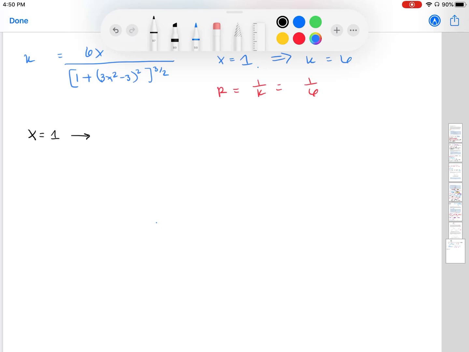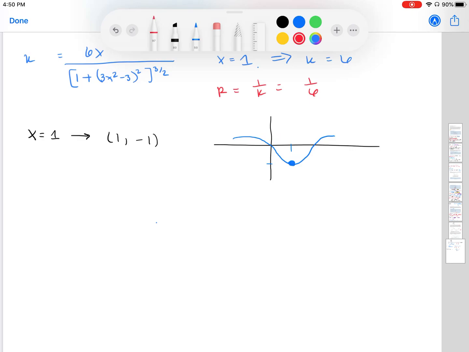If I plug in 1, I'll get the coordinate point 1 comma negative 1. So I have this point here, and this polynomial function is my curve.